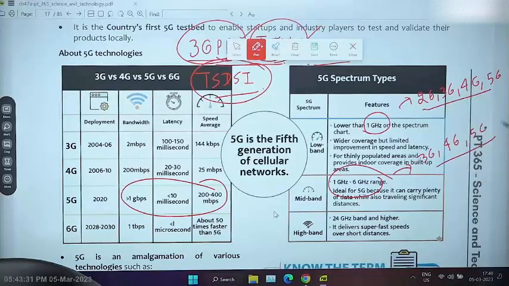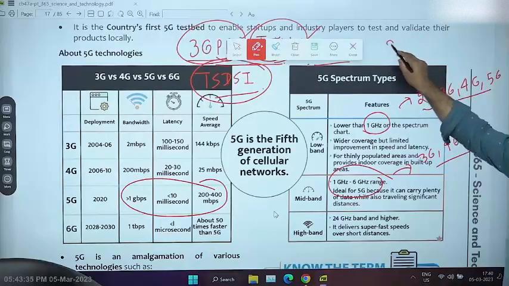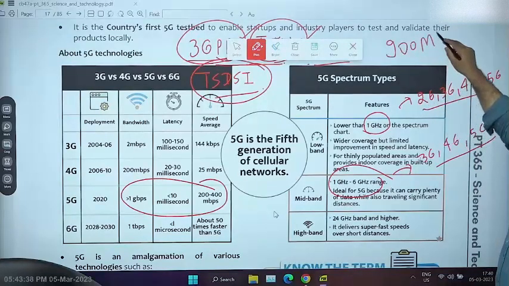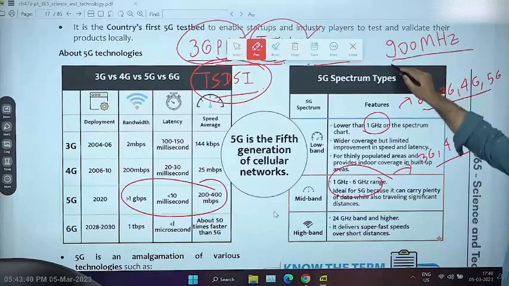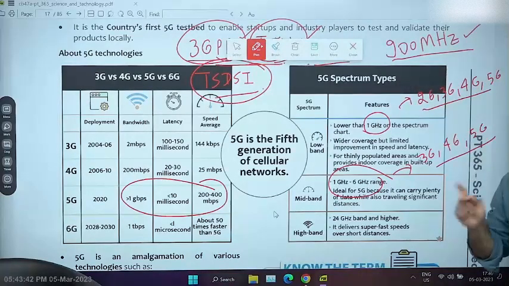So first thing, it should be very clear that, let's say for example there is a frequency band of 900 megahertz. This 900 megahertz was used for 2G also, 3G also, 4G also, and we can also use it for 5G. But in different mobile networks, the user experience will keep on improving.